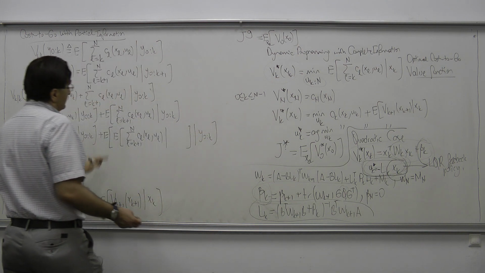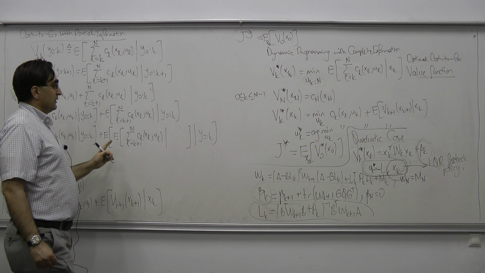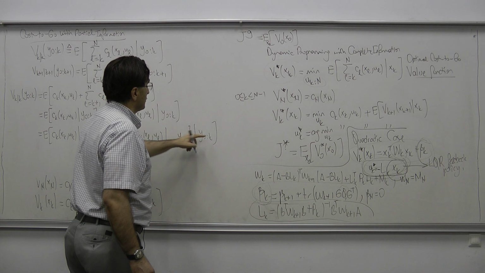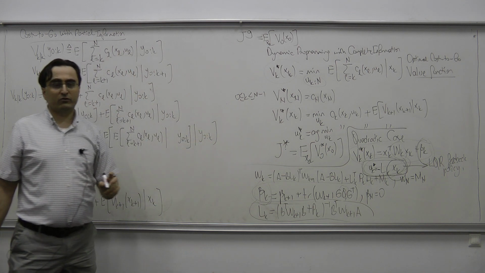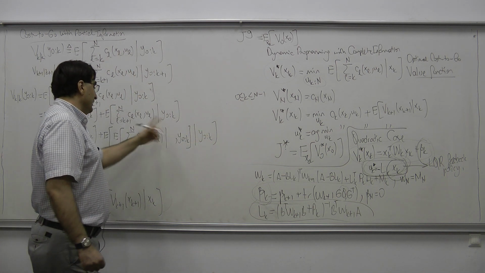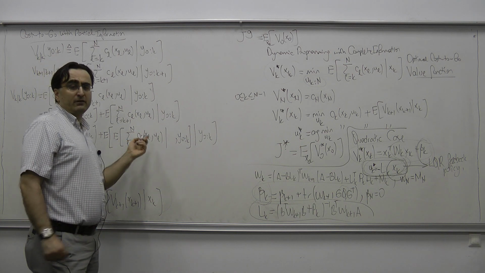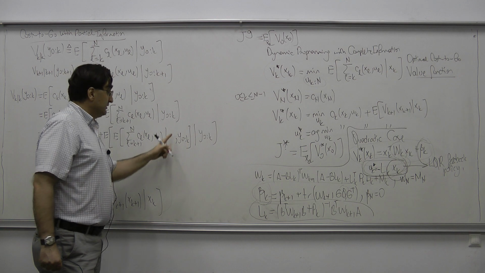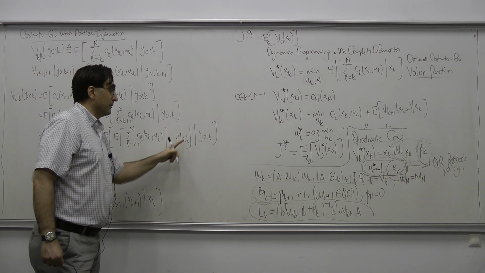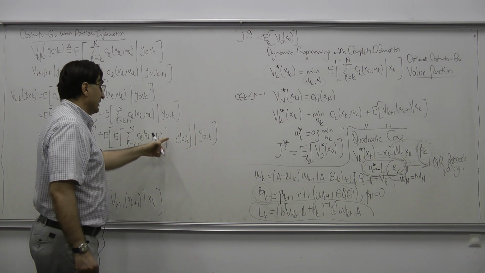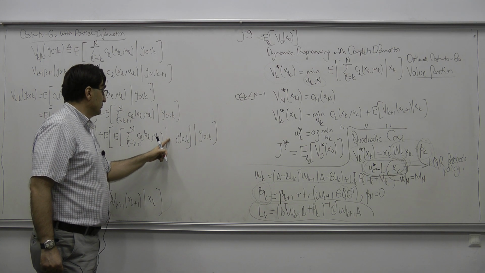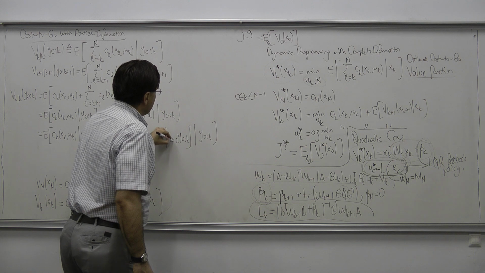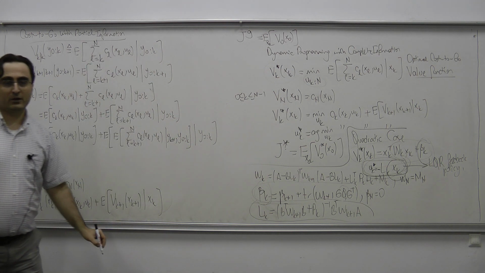For the iterated law of expectations to actually hold, I need to always have the same conditioning here in the outer expectation as well. But into the inner expectation, I can add any variable I like into the conditioning. These should always be the same inside the conditionings, and I can add any additional variable into the inner expectation. And here I'm selecting this additional variable as yk plus 1.